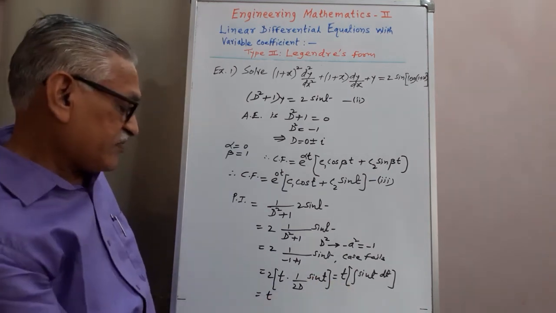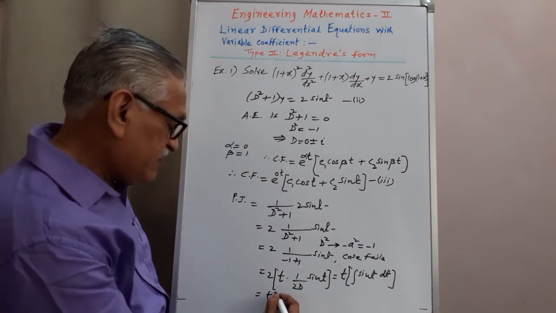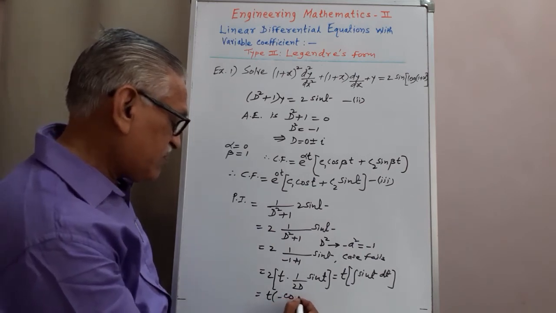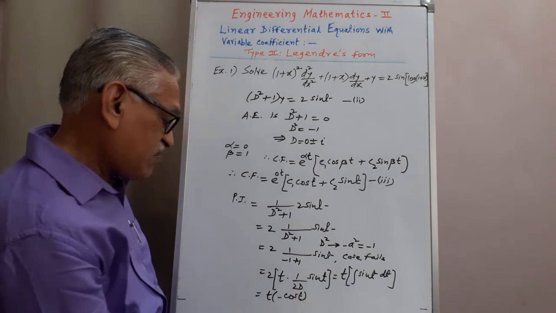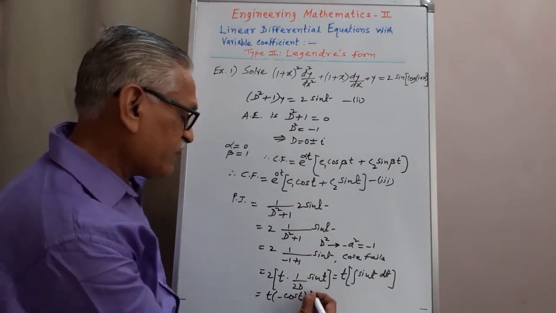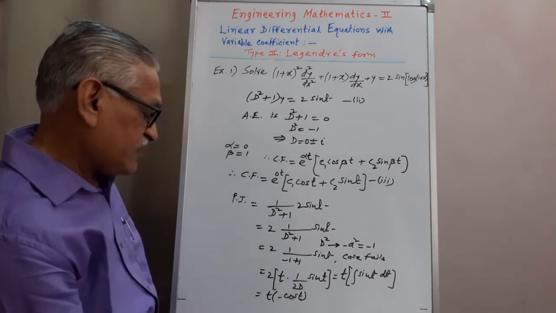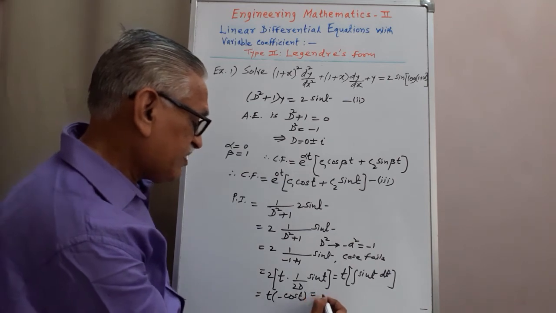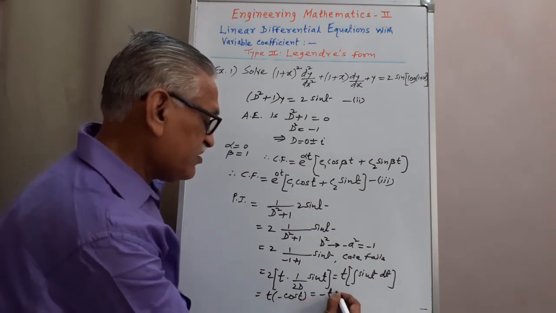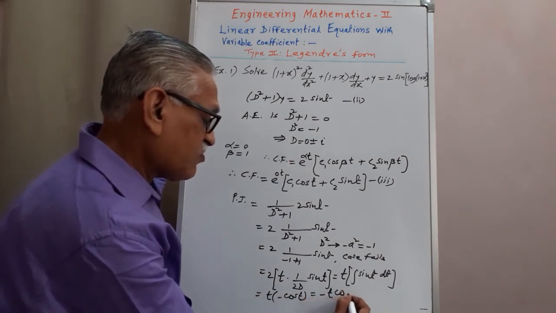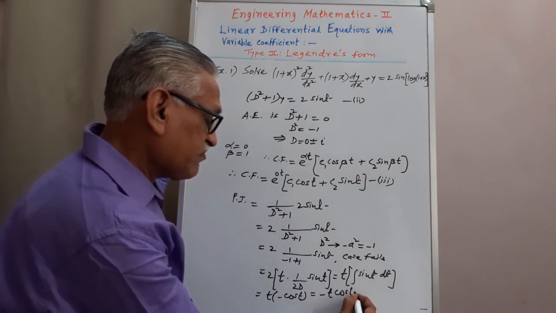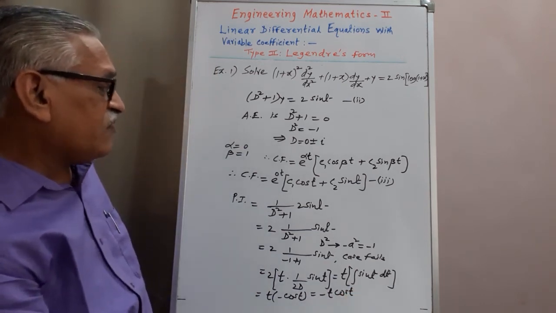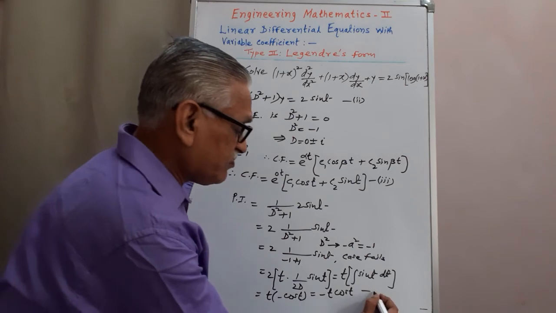Integration of sin is minus cos t, and therefore the PI value is minus t cos t. We call this equation number 4.